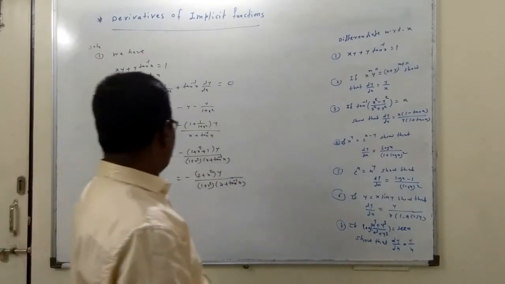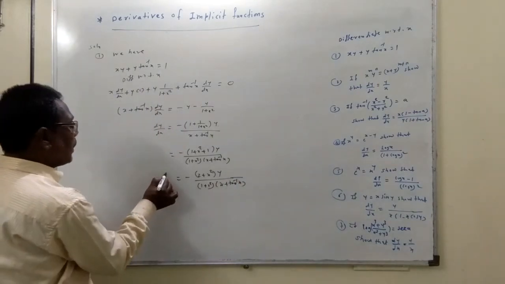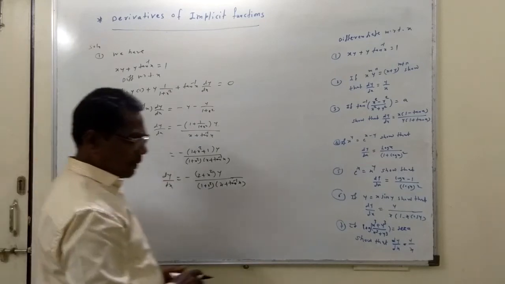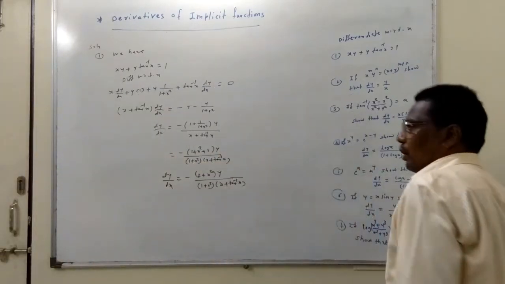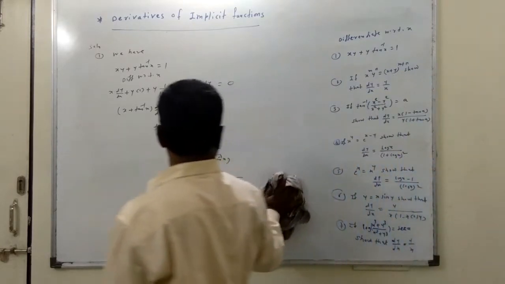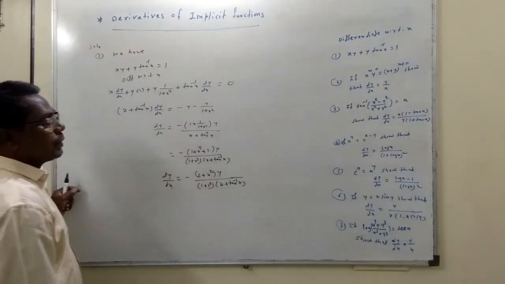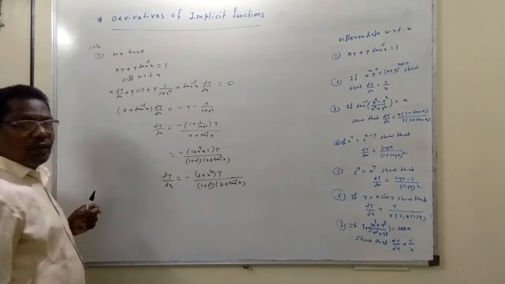So this is the dy by dx, the derivative of the first example. Okay, did you understand this properly? Note the example. Now next we will go to the second example.